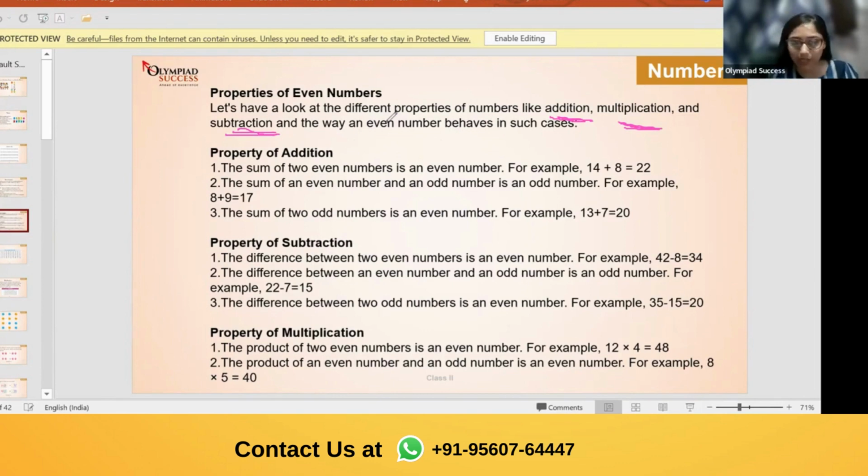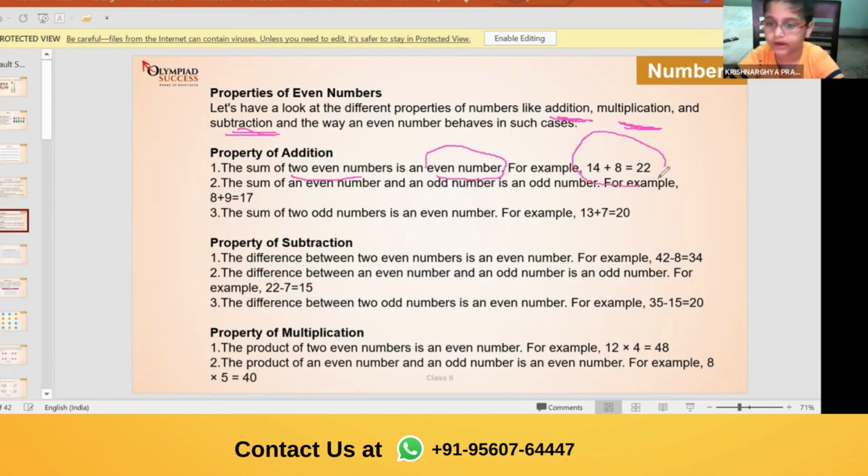Krishna, would you like to read property of addition? Yes, ma'am. Property of addition. The sum of two even numbers is an even number. For example, 14 plus 8 is equal to 22.